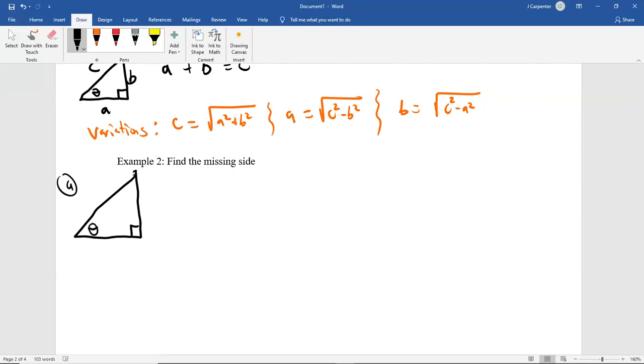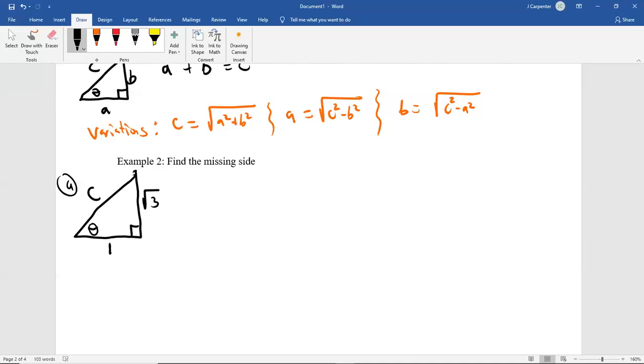And we're going to have sides of 1 and square root of 3. So we'll call this c since it's the unknown and it's on the hypotenuse. Now, I did not ask for the 6 trig functions this time. I just asked for the missing side.